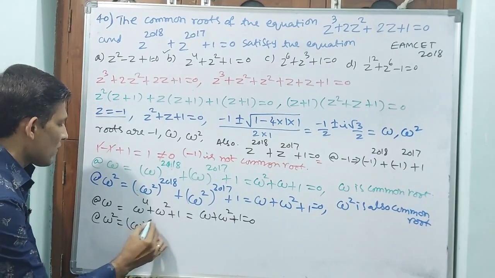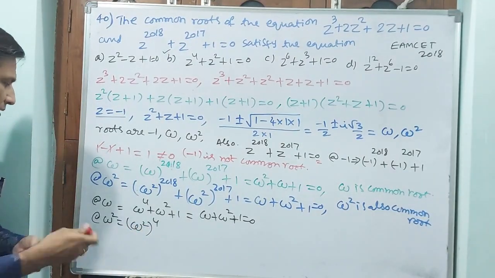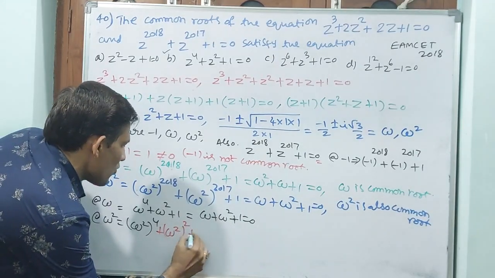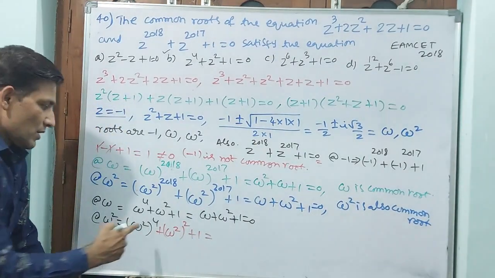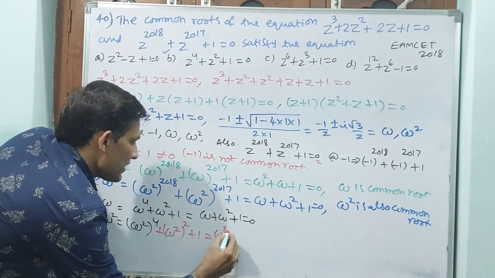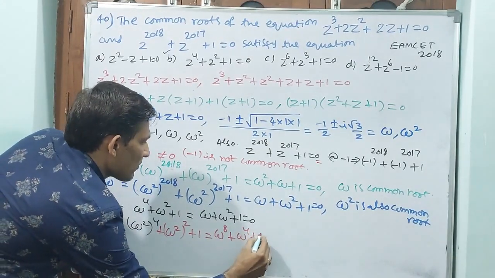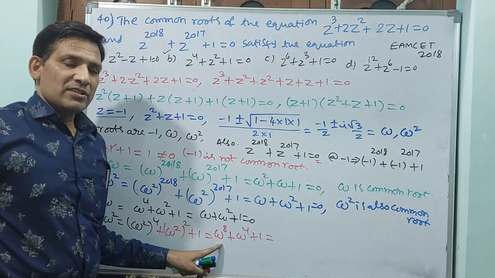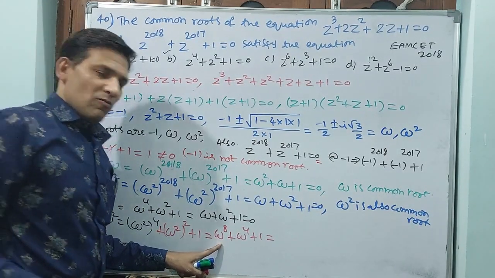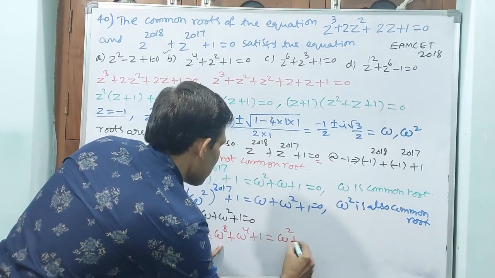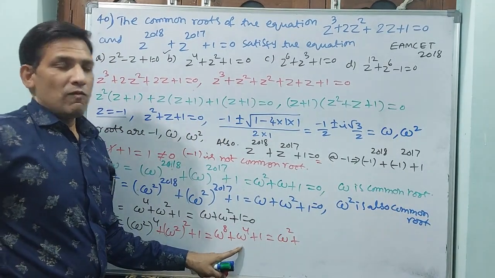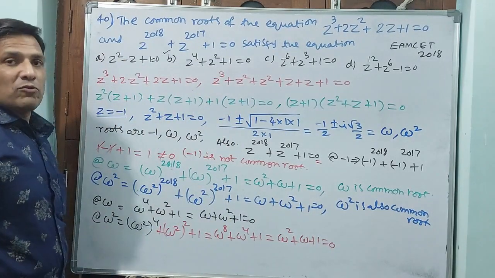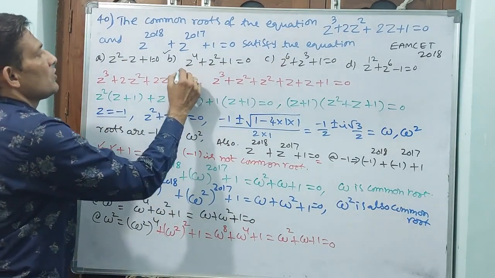Omega square to the power of 4 is omega to the power of 8, plus omega square to the power of 2, omega to the power of 4, plus 1. Omega 8, 3 times you divide, 2 will come, remainder omega square. Omega 4, 1 will come, omega. Plus 1, that is equal to 0. Why? Because 1 plus omega plus omega square. That means with omega square also it is satisfied.